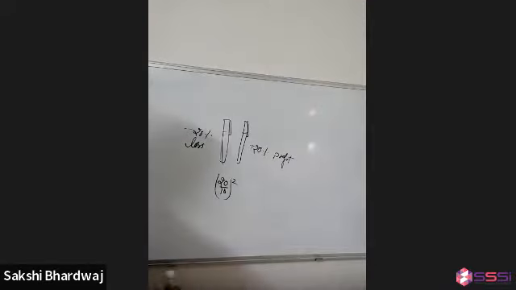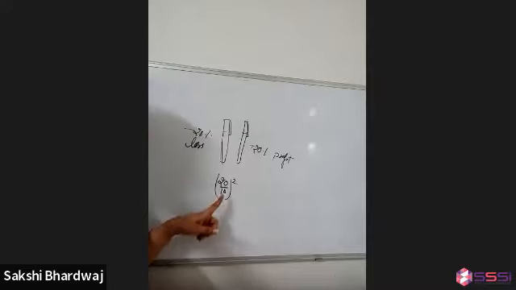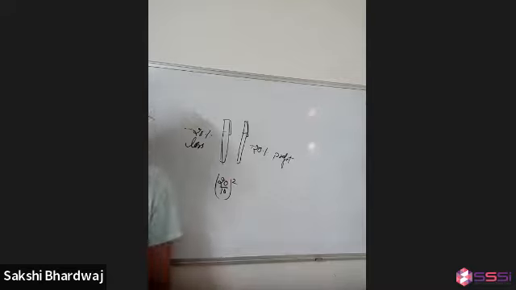So the overall loss will be X upon 10 raised to 2. Clear? Yes.